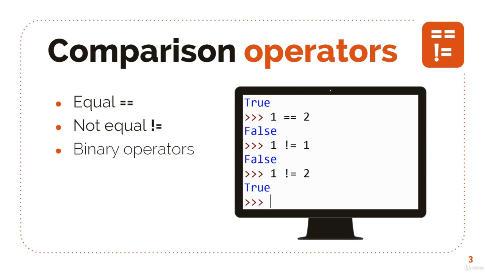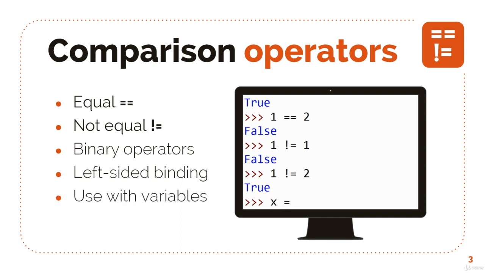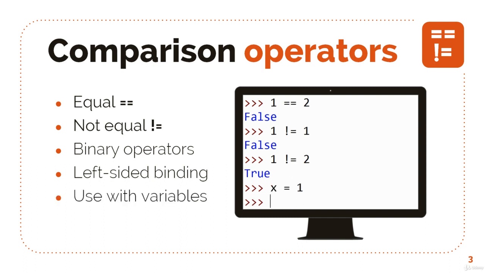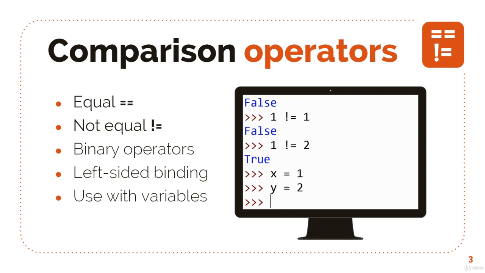The comparison operators are binary operators, meaning they operate on two values. So you have to have something on the left of it and on the right of it. And they are left-sided binding, so they always compare the left value to the right value. Like all other operators, the comparison operators can also be used with variables too. So you can check if two variables are the same.